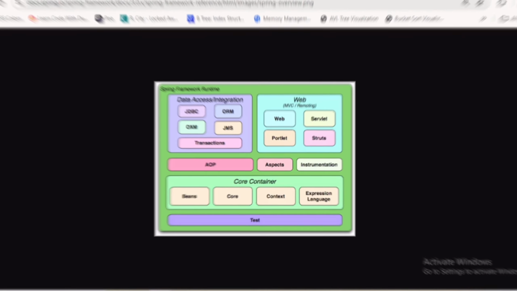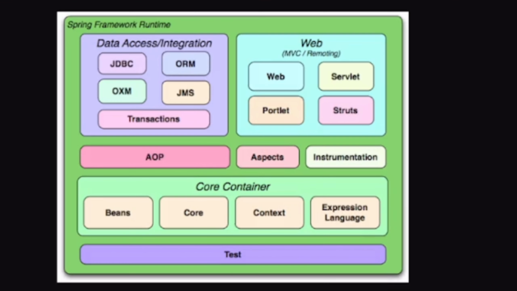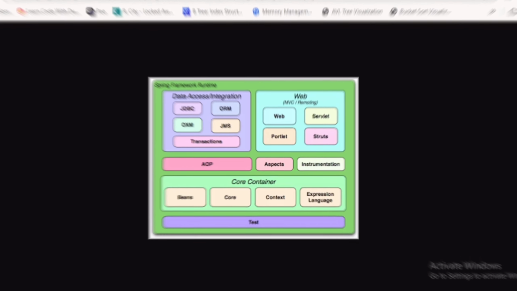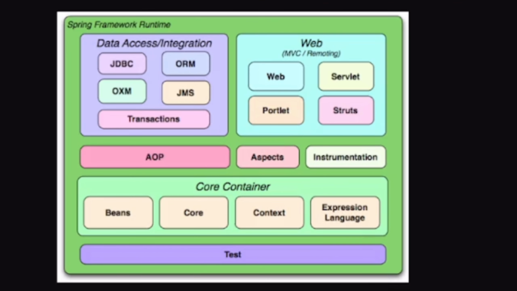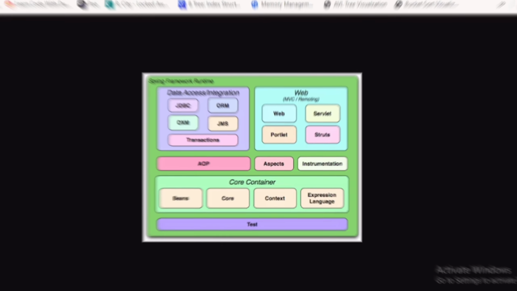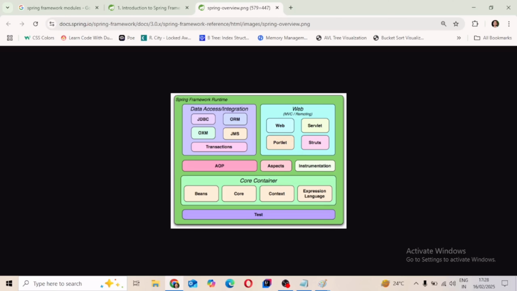Core also provides interfaces which help to build web applications. With the help of bean and core, there is an interface, BeanFactory, which helps to inject all the dependencies with the help of the IOC container. So this is a fundamental logic.